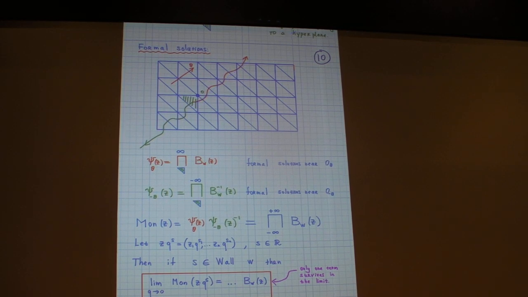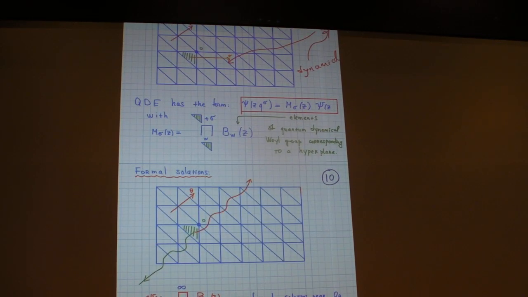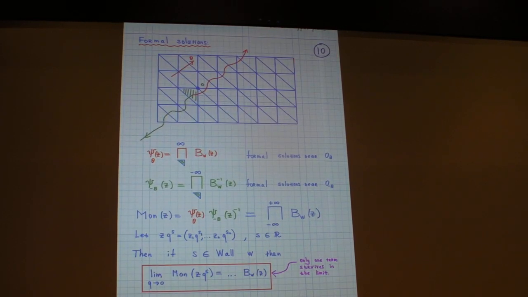And by path to infinity, I mean the one which is dictated by the stability condition. So the stability condition gives you a direction in which you should go. And then you look at this product of all wall crossing operators. So again, from the definition, from this formula for the Q-difference equation, if you play a little bit with that, it's kind of obvious that this thing is a formal solution.